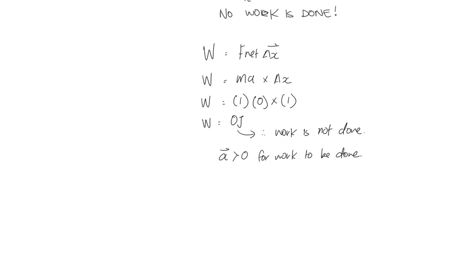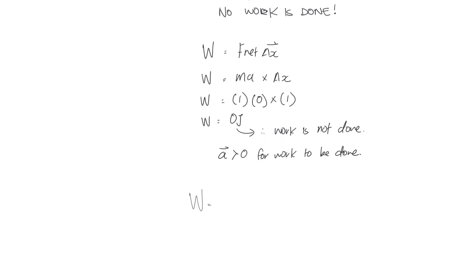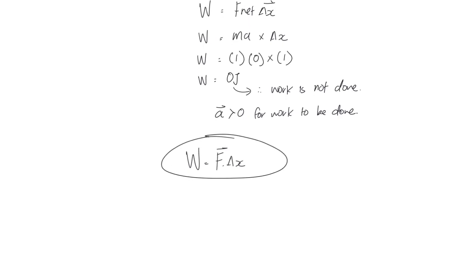Now, the standard formula is W is equal to F delta X. You will notice that using this formula in its raw form like this is not usually something that we do, because what you must understand is that this F over here is a net force, so we're going to have to do the sum of the forces.